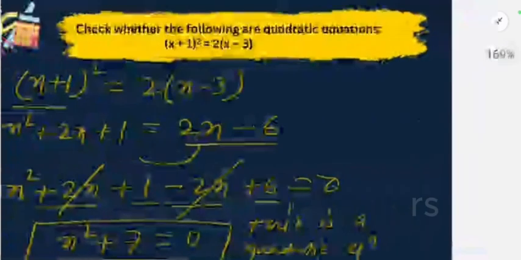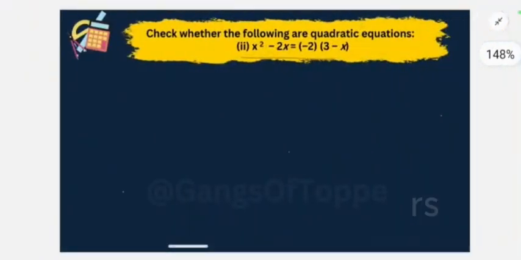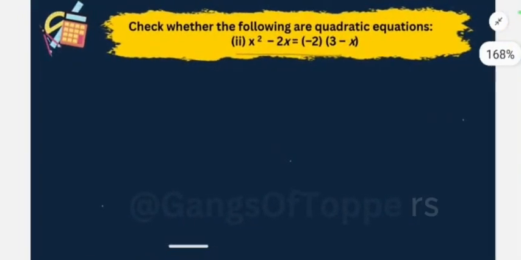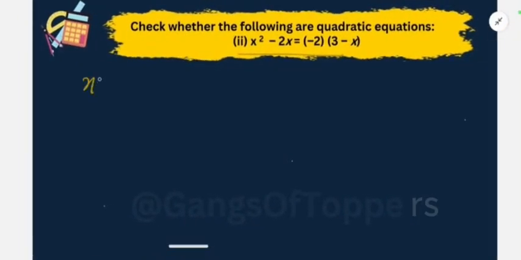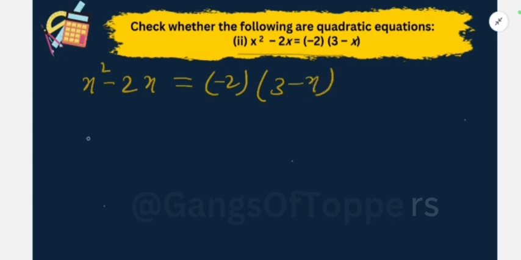Let's take another question. The question is x square minus 2x equals to minus 2 into (3 minus x). Here, minus 2 into plus 3 becomes minus 6, and minus 2 into minus x becomes plus 2x.